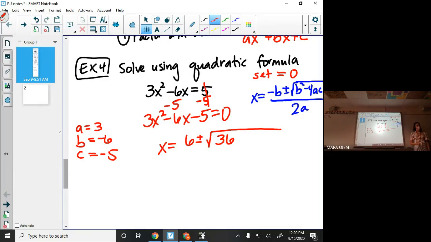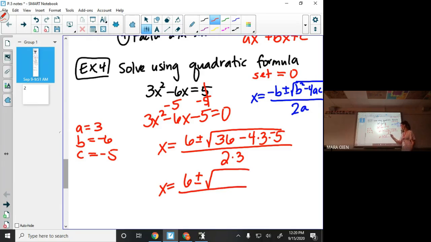The reason I force myself to do that in my head is that a lot of times people write this, then go to their calculator and type in negative 6 squared, and it tells them it's a negative 36 because they didn't put it in parentheses. So I make myself multiply it in my head so that I know when negative turns to positive. Minus 4 times my a times my c, and I have to make sure that it's all over 2 times a. Then I'm just going to do a little bit of simplifying here.